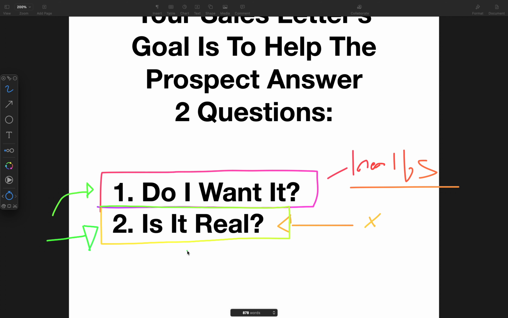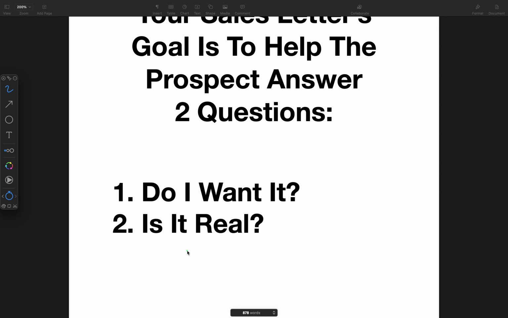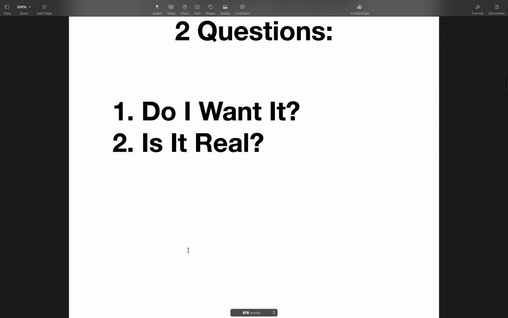And so every sales letter comes down to these 2 questions, at least in the beginning. There may be other questions that come up later, but in the beginning, these are the 2 questions that you have to focus on.